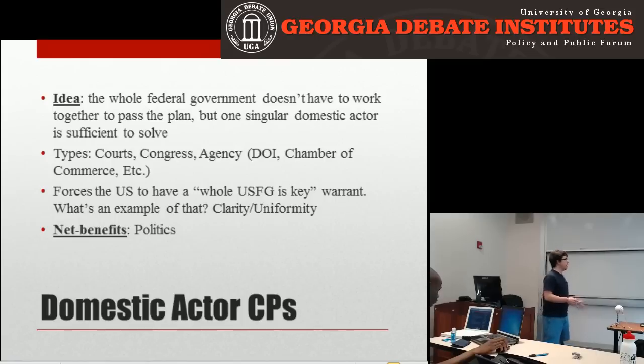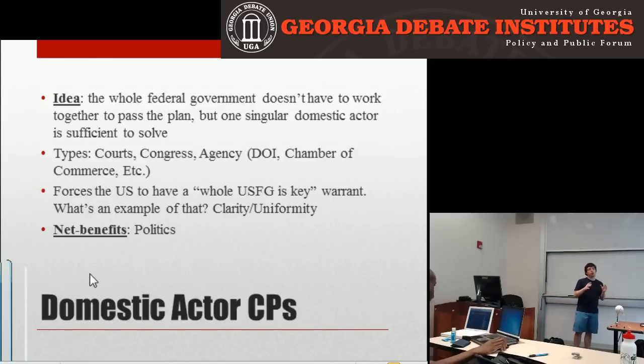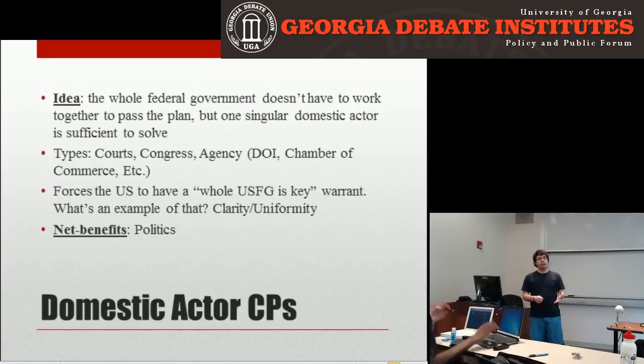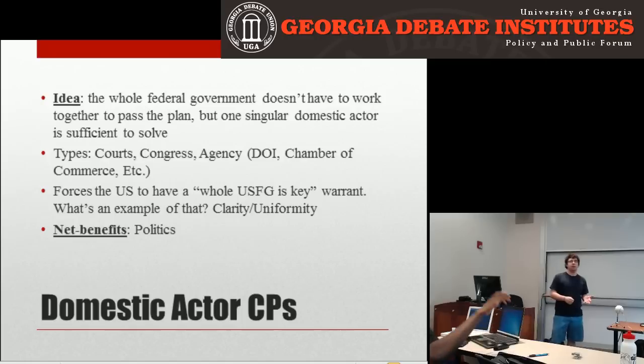Yeah, executive order as well is also a particular subsection of the federal government, and not the whole federal government. Okay, and this forces the affirmative to have a reason why the whole USFG, the whole United States federal government acting together, is important for solving the advantages. Now, who can think of a good solvency deficit against these types of counterplans?